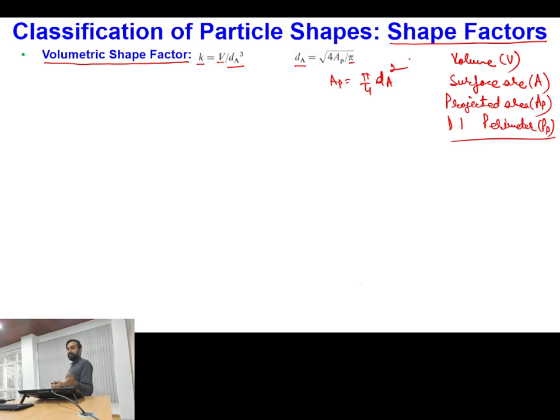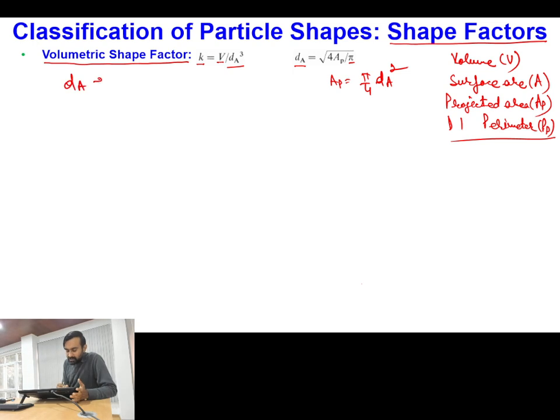So dA is nothing but the square root of 4AP by pi. Okay. So what I am saying is, the volumetric shape factor is a quantity equal to the exact volume of the particle divided by the cube of the dimension, which is equal to the square root of 4AP by pi. It means I can call this dimension dA nothing but the projected area equivalent sphere, the diameter of the projected area equivalent sphere. Is this one clear? What is dA?